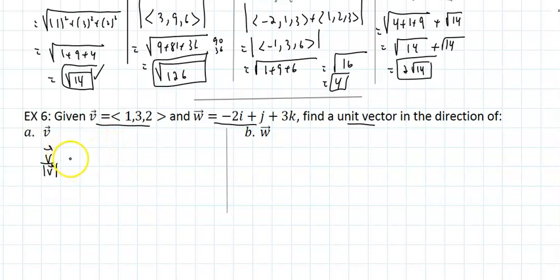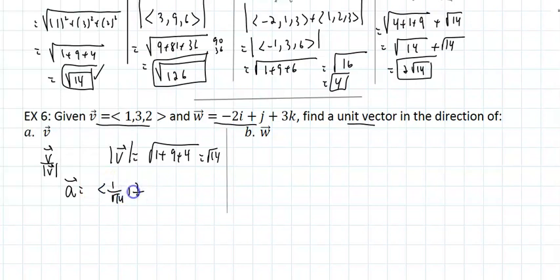We know that the magnitude of v is the square root of 14: 1 squared plus 3 squared plus 2 squared. That's radical 14. So the unit vector, let's call it a, would be v divided by its magnitude. It would be 1 over radical 14, 3 over radical 14, and 2 over radical 14.